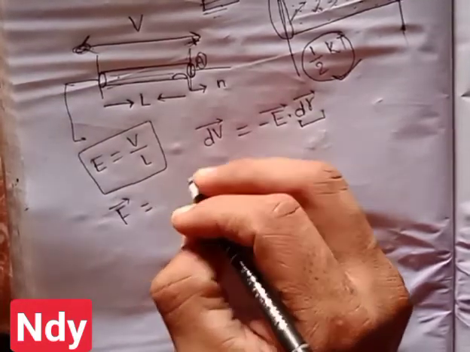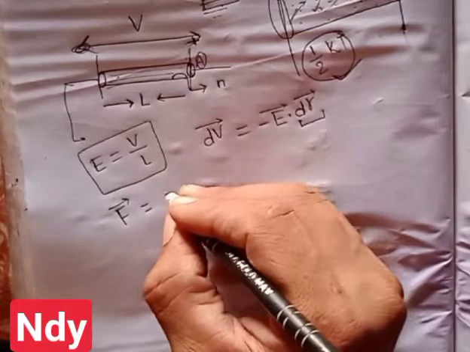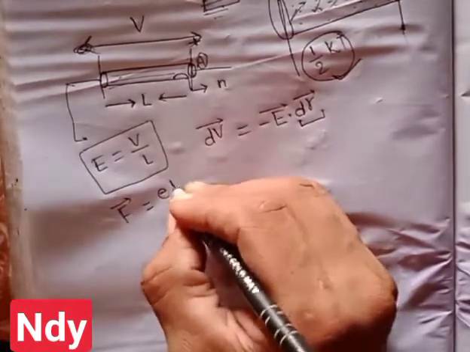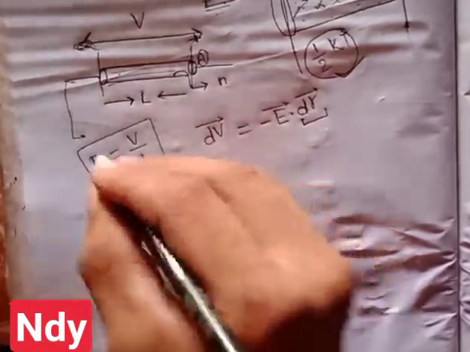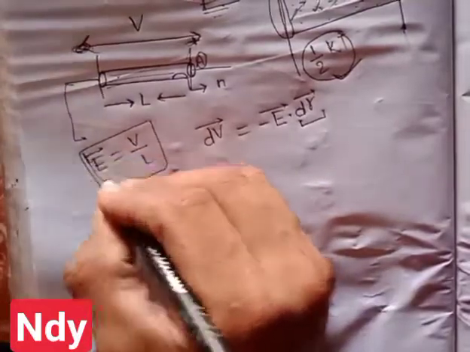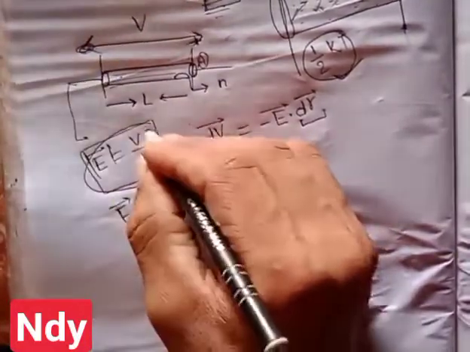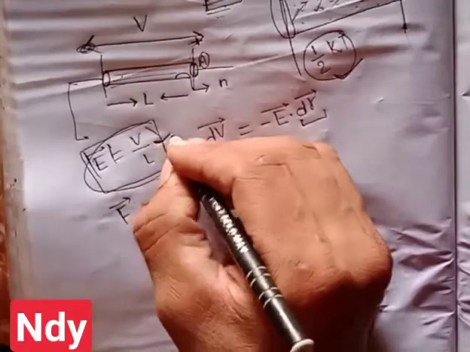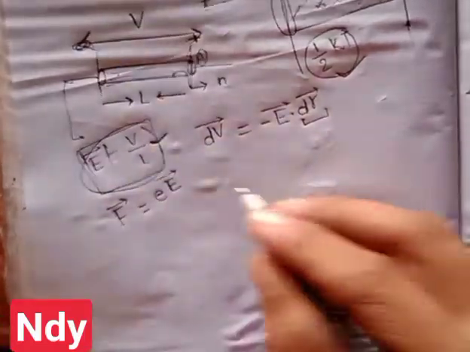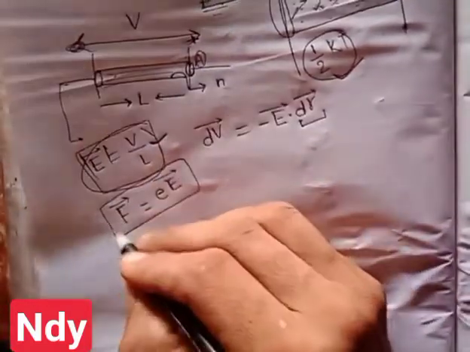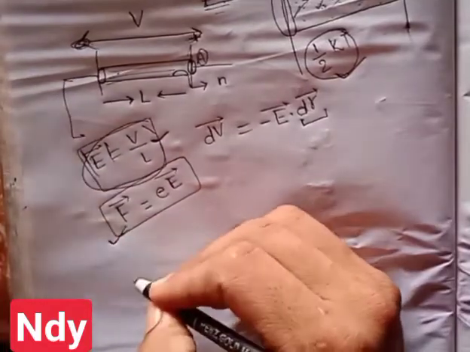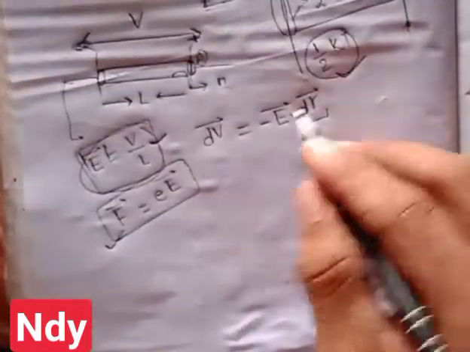We denote the charge of the electron by small e. So it has force e times capital E. This is a vector quantity. We can take the modulus of this electric field as V divided by L. So this electron has this much force due to the electric field.